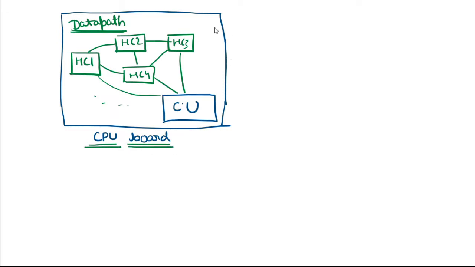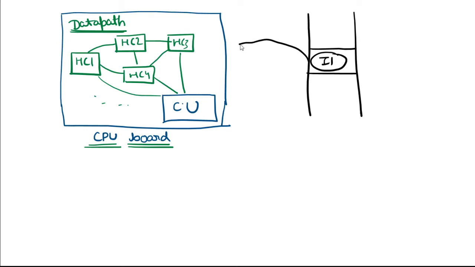Okay, and let's suppose this is the main memory and there is an instruction. Let's try to fetch this instruction and execute it. So how are we going to do that? The CPU fetches the instruction and gives it to the control unit.